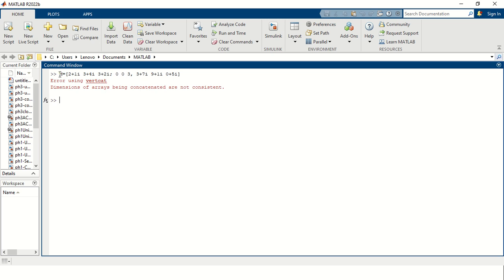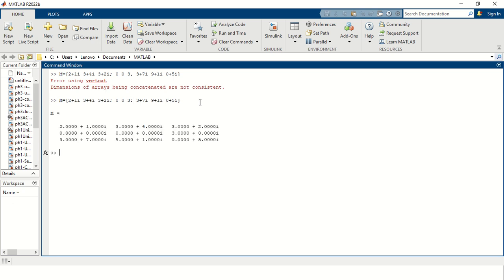What happened? Oh wait. Here I didn't take the semicolon, right? That semicolon should be there. Now I will click yes. So this 3 by 3 matrix is created. In the 3 by 3 matrix, you see 2 plus 1i, 3 plus 4i, 2 plus 2i, 0, just 0i, because it is 0 I have taken.